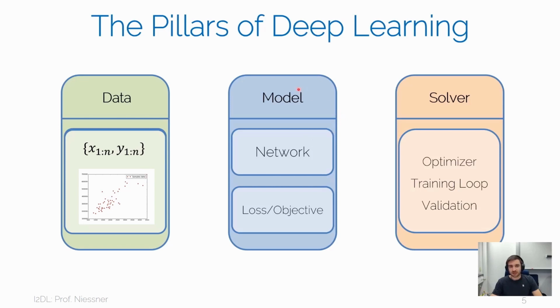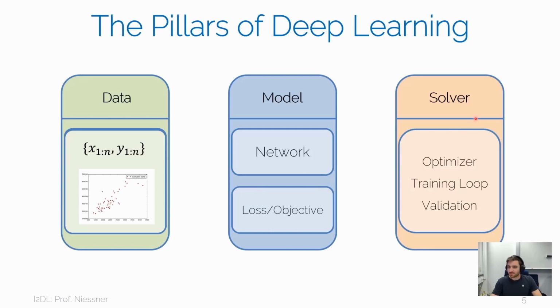The second pillar is the model pillar, and that involves all the network part and the optimization, or the learning basically. Here we have an element of a network that can be quite abstract, and to learn efficiently from the data, we also need to have some kind of loss or objective function which we want to optimize.